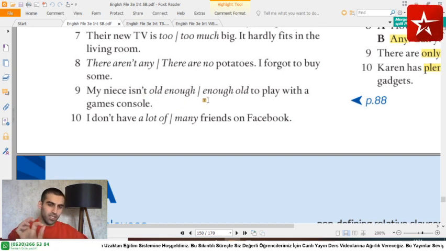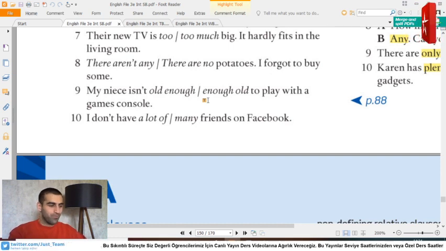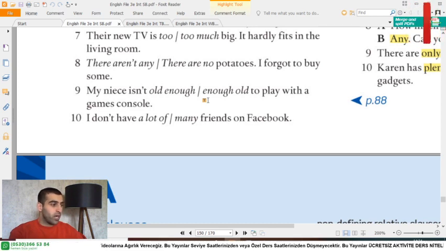Okay, I wanted to tell you something, but I changed my decision. Serena says old enough. Melis says old enough. Yes. And it could be better for me to write the reason why.